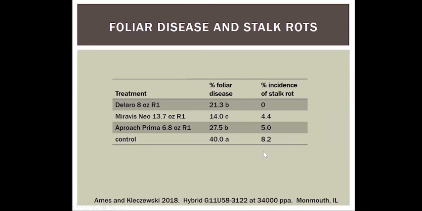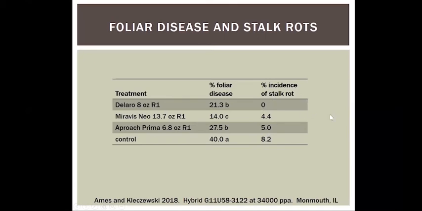And you can kind of see here, going down from 8% numerically down to 0% of stalk rot in some of these trials. So again, not necessarily a one-to-one correlation, but in general, if we're applying our fungicide, we are seeing a numerical reduction in our stalk rot.